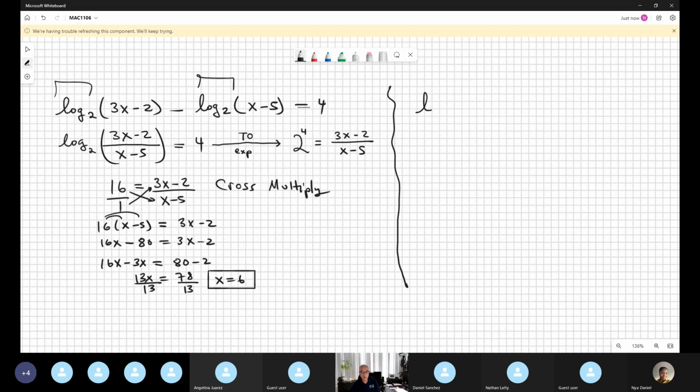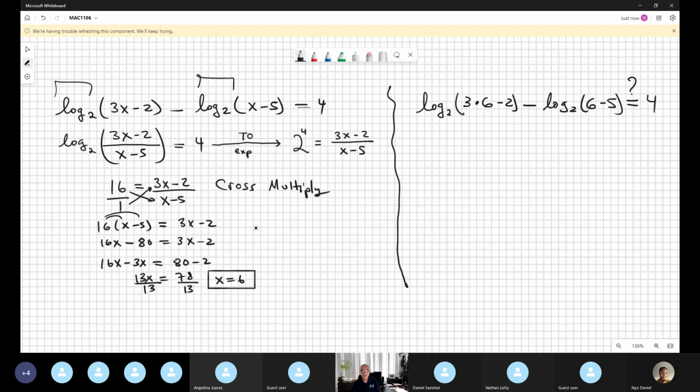I need to compute logarithm base 2 of 3 times 6, it's multiplication, sorry. So you replace x with 6: logarithm base 2 of 3 times 6 minus 2, minus logarithm base 2 of 6 minus 5. I verify this statement should be equal to 4.